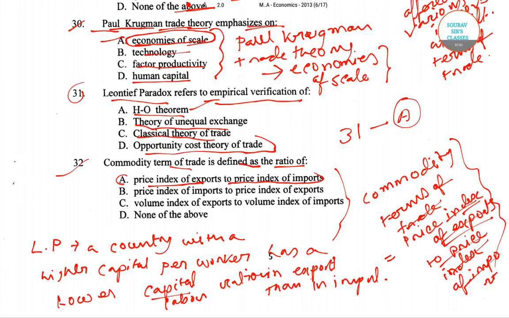So the Leontief paradox states that a country with a higher capital per worker has a lower capital per labor ratio for export than in import.